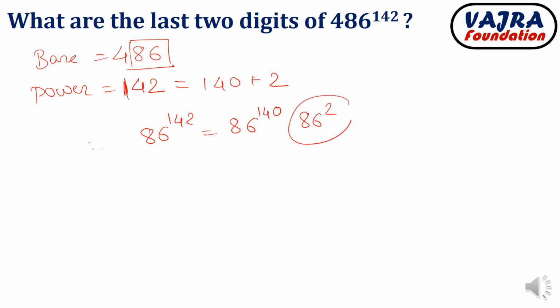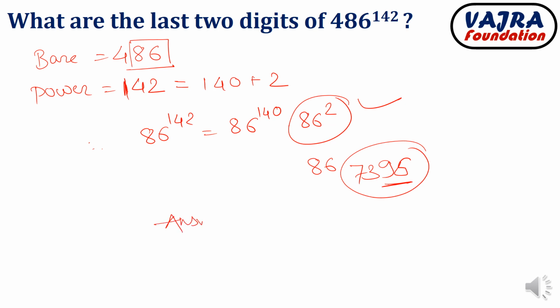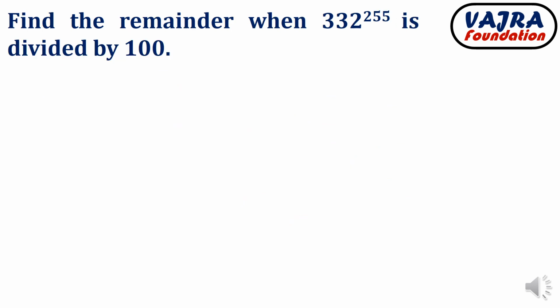We will consider only this. What is the square of 86? 7396. So this is the value, and the last two digits will be 96. The answer will be 96.